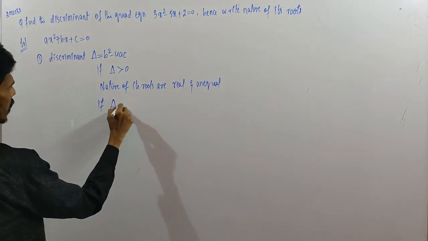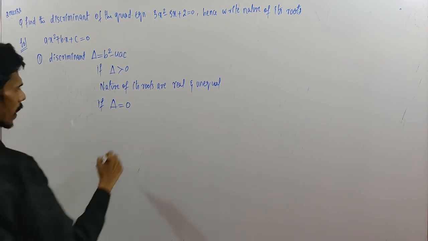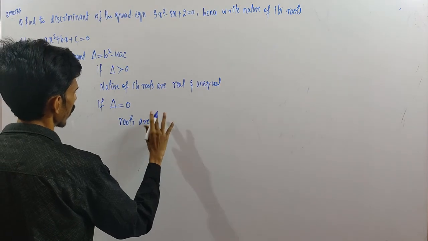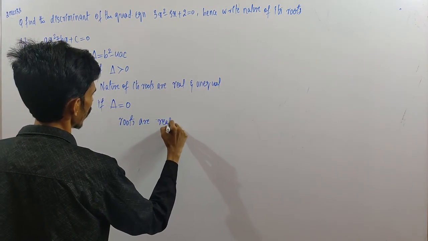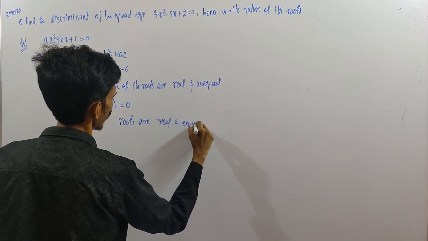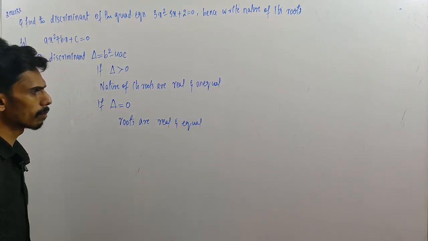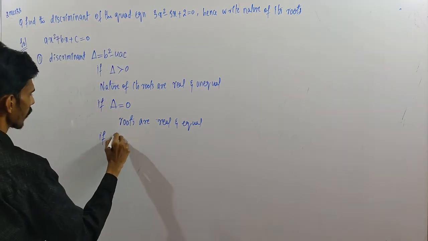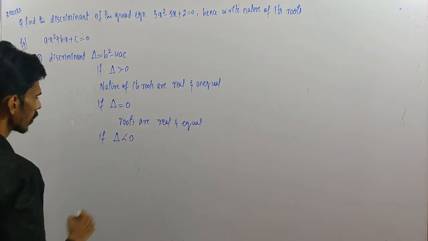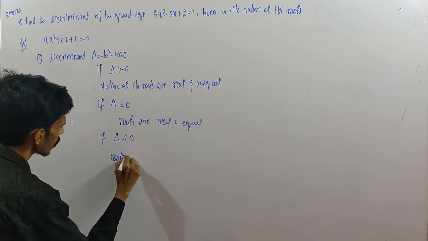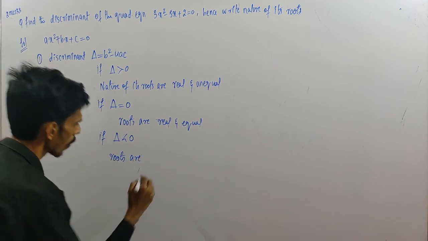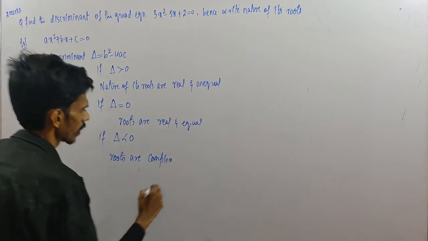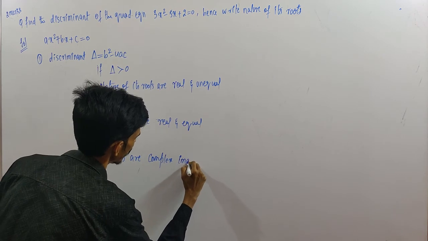If discriminant is 0, then roots are real and equal. Roots will be real numbers, and equal roots will be there, same value will be there. If discriminant is less than 0, then roots are complex, imaginary numbers.